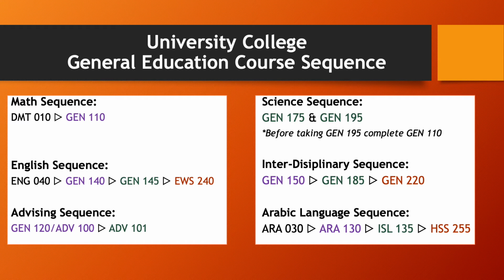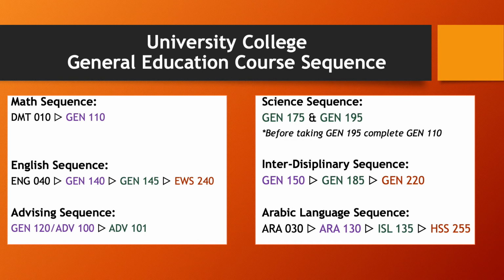And then that would be followed by EWS 240, which is English 3. For the advising sequence, your first semester at ZU, you will be enrolled in Gen 120 with Advising 100. And then the second semester, the university will register you in Advising 101. Please note that you must take math, English, and advising every semester until you complete it.